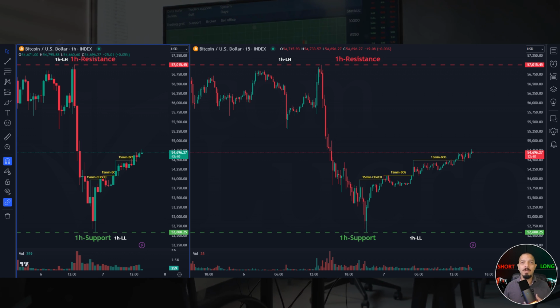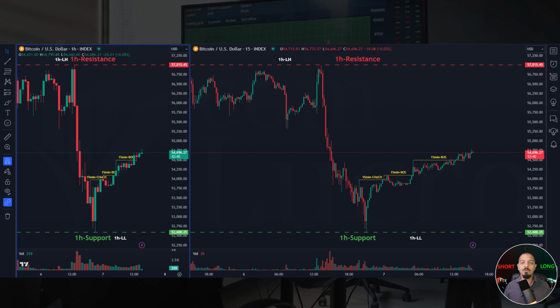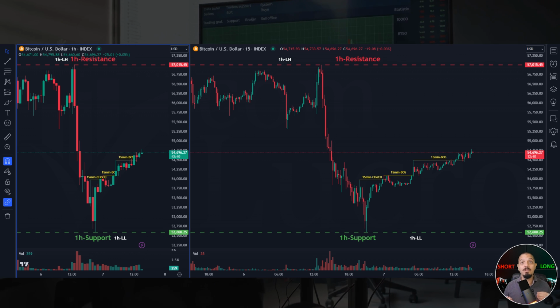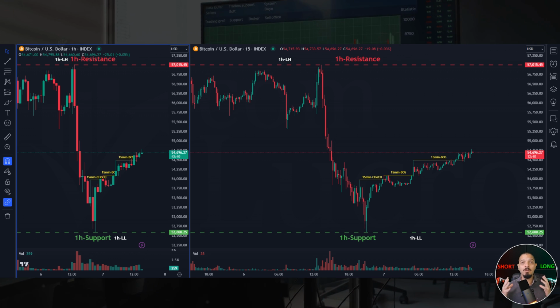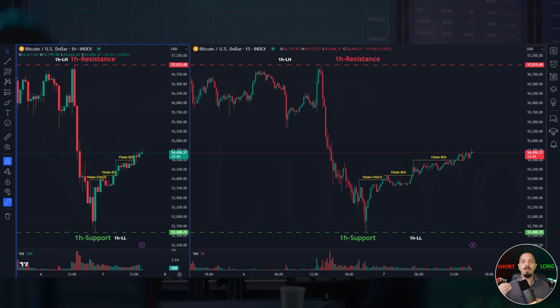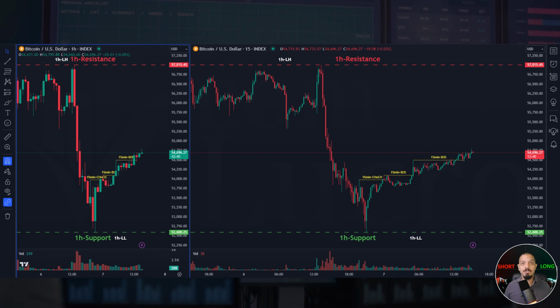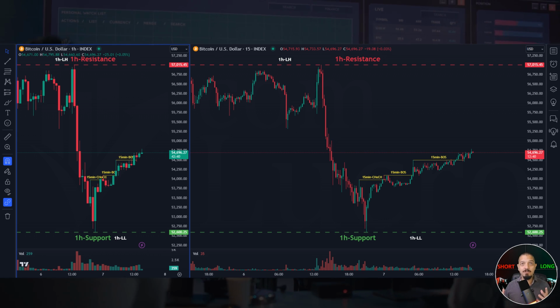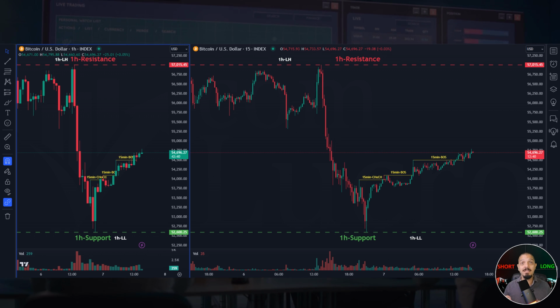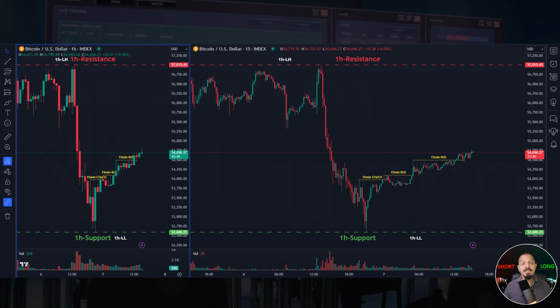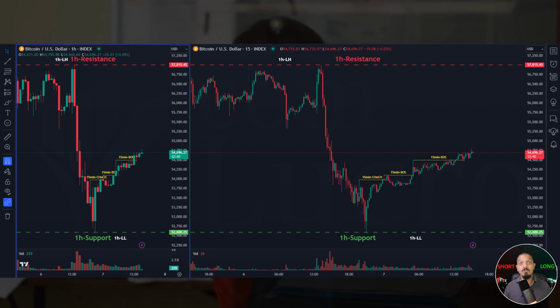This repetition across different scales is what we refer to as fractals. Whether you're observing the market on a larger or smaller scale, the same principles of market structure, like higher highs, lower lows, pullbacks, and impulses, are evident. Fractals help us understand that the market operates in repeating cycles. This allows us to apply the same market structure concepts across all time frames.